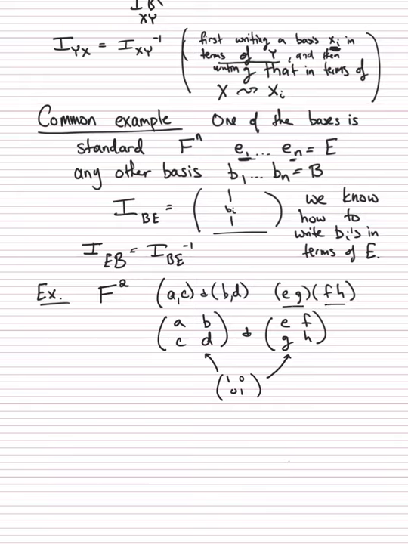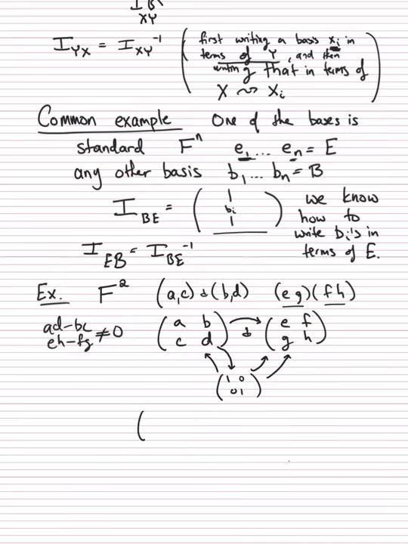Note I have to assume here that AD minus BC and EH minus FG are both non-zero. Then to get the transition matrix between these two bases, well, I just do the inverse here and then apply here.